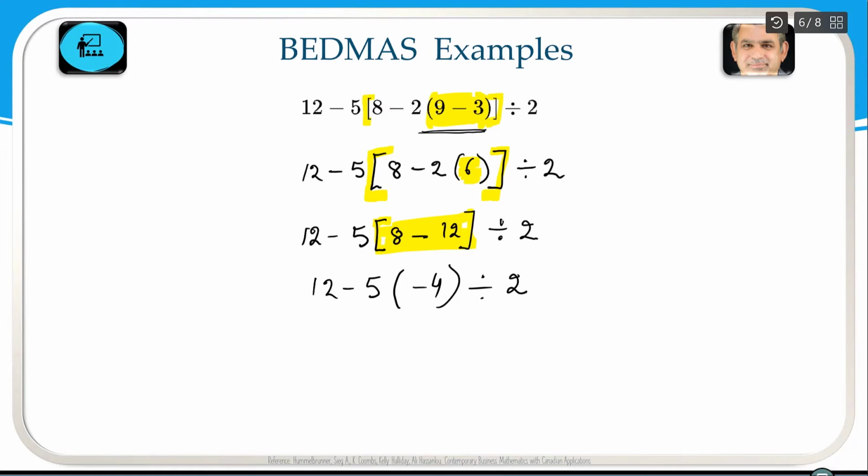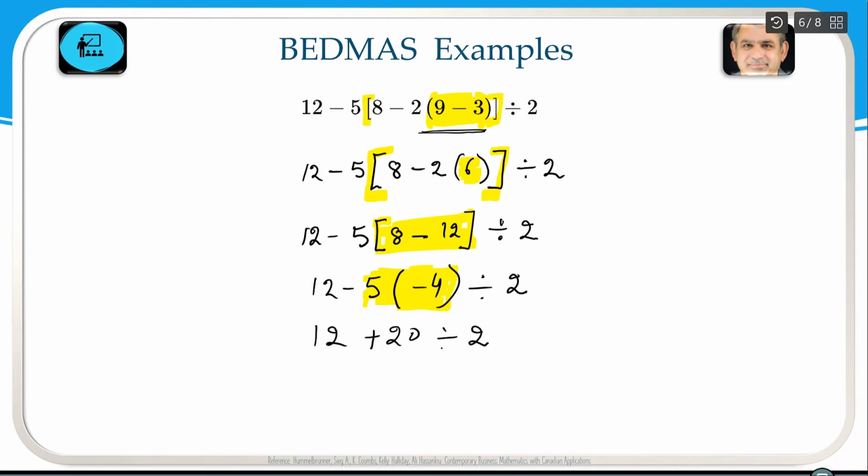Divided by 2. So this part of the arithmetic expression, 5 times minus 4, is actually minus 20. So minus and minus will make it a plus sign. So we have 12 plus 20 divided by 2.